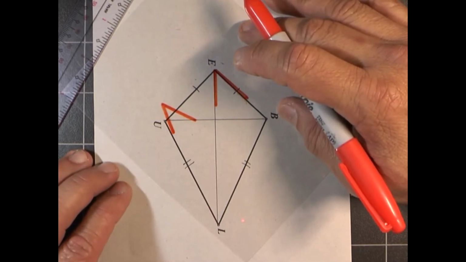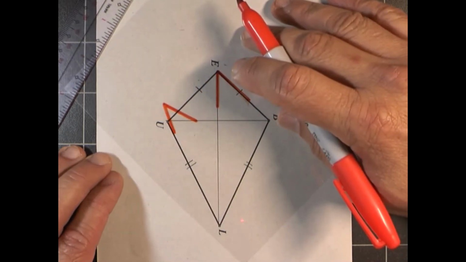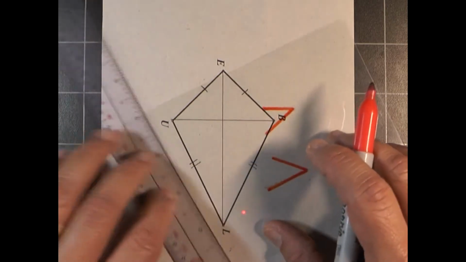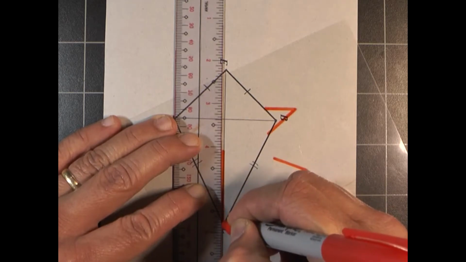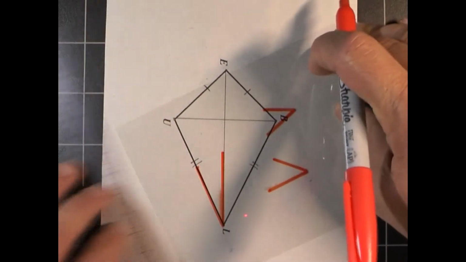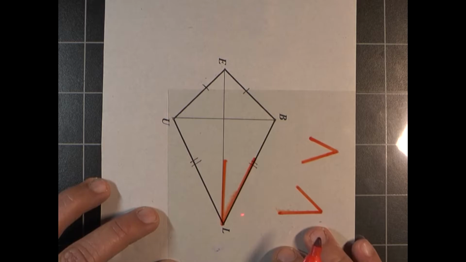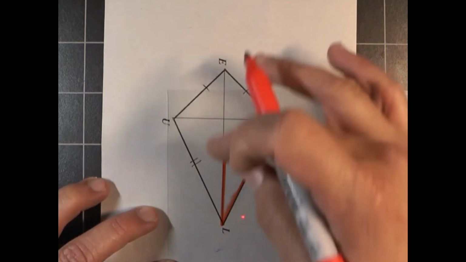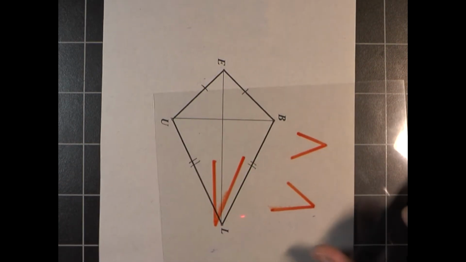I think it's very clear to us that that diagonal bisects the vertex angle. Let's try the one at the bottom. And it's very clear to us that the diagonal connecting the two vertex angles bisects the two angles.